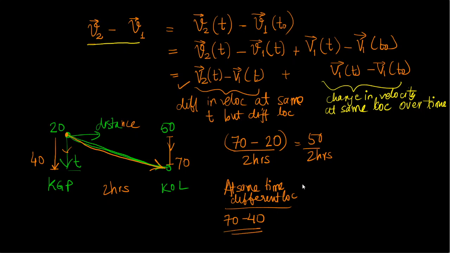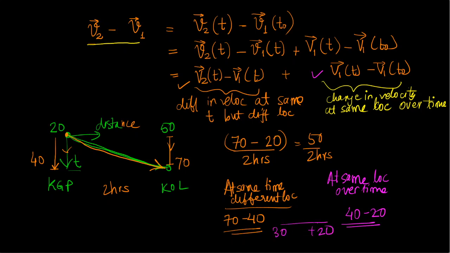While it is also because of change in humidity at the same location over time. Meaning I am keeping the location fixed, and as time progresses the humidity changes, so it is 40 minus 20. So this term corresponds to this particular term. So total change is 30 plus total change is 20, and this gives us a total change of 50 over 2 hours.